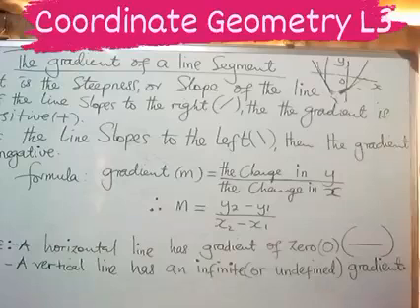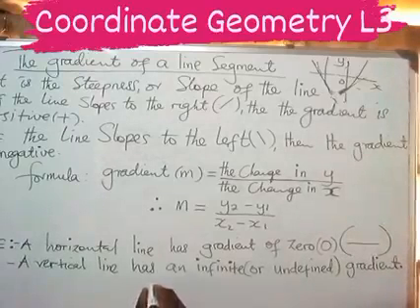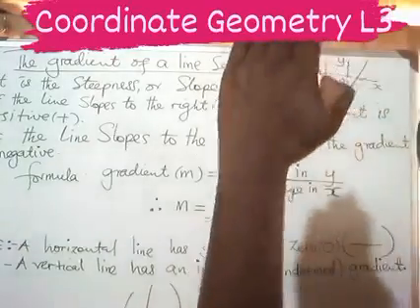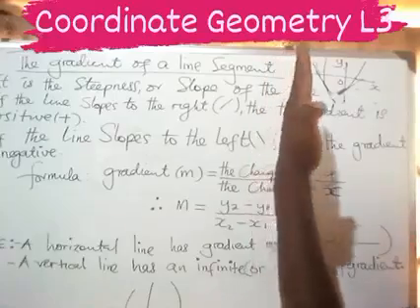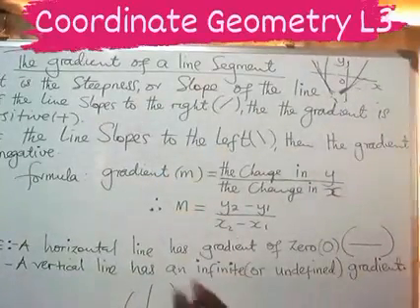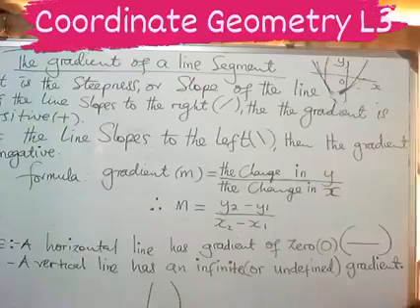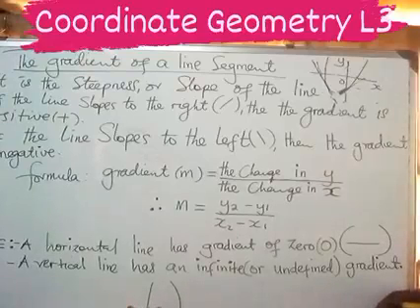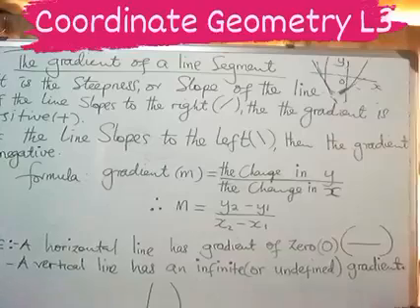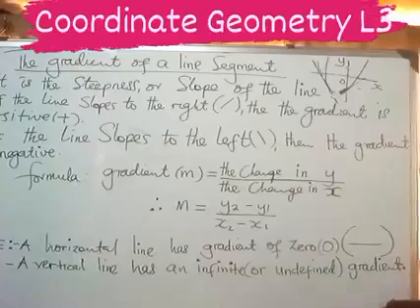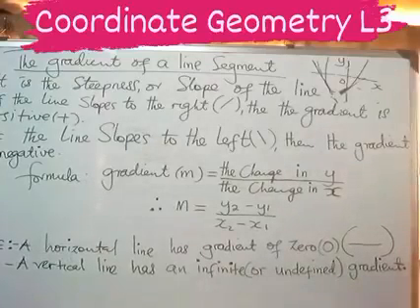But the vertical line, for example the y-axis, a line like this, has an infinite or undefined gradient. This is what we have when we have the horizontal line and also the vertical line.